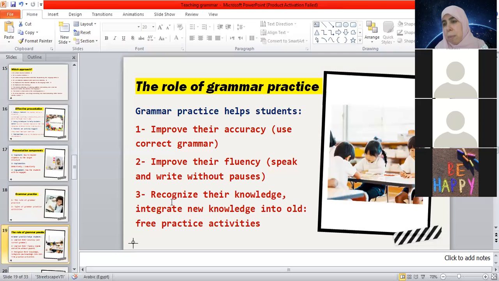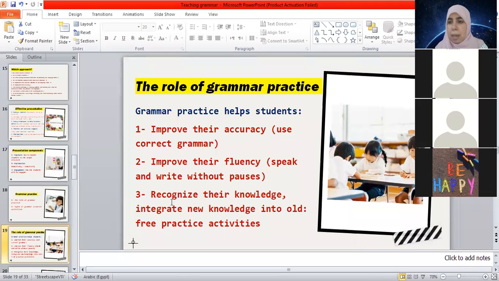So I give him a topic to speak or to write. Here he will integrate what they have already learned about the future and use it in this activity. And we can do that to integrate what they have already learned into the new grammar item or new knowledge while doing free activities. This is what we will talk about later, inshallah.